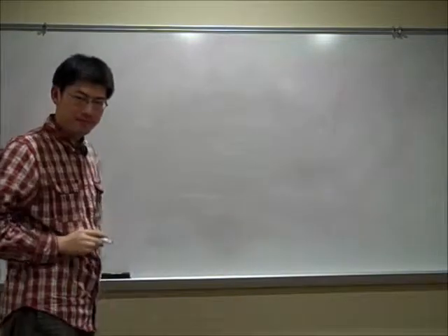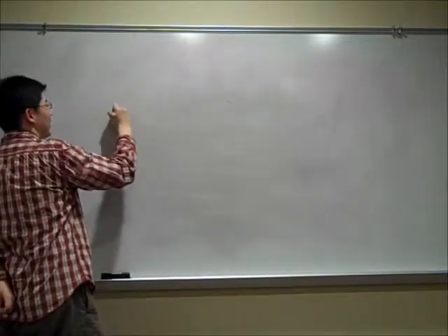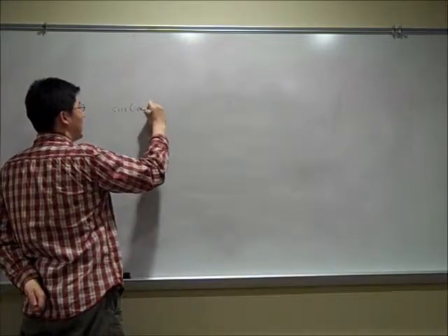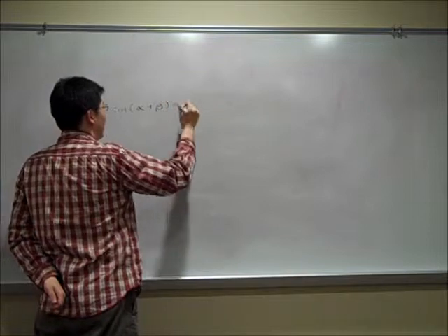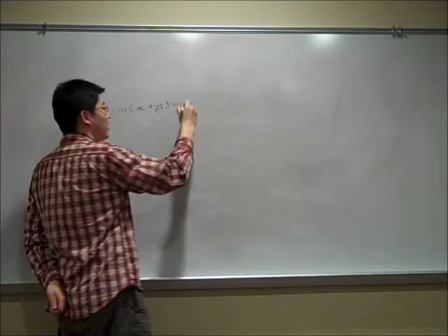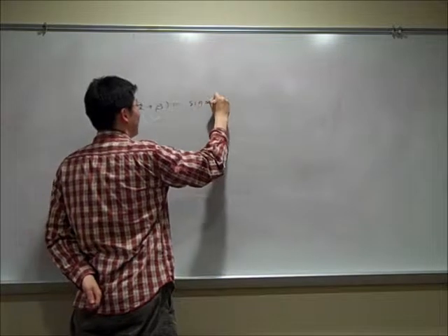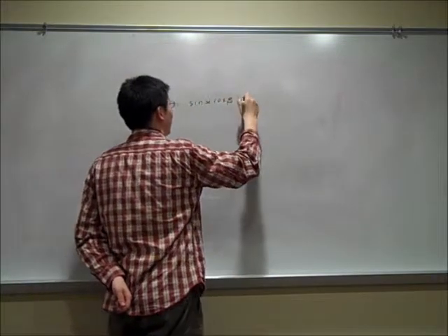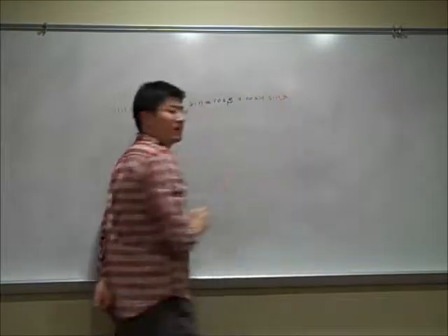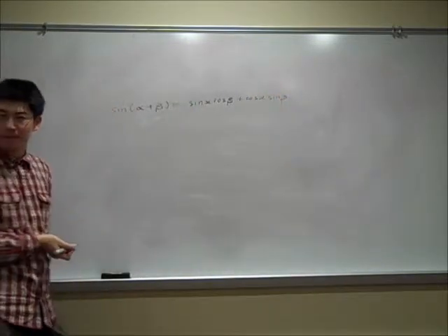So now, if you recall, here is the identity for the sine, the sum sine identity. It becomes sine of alpha cosine beta plus cosine alpha sine of beta, right? So this is the sine of sum identity.